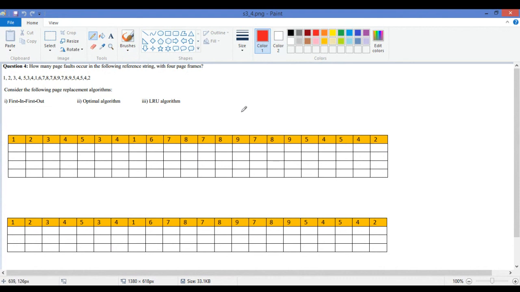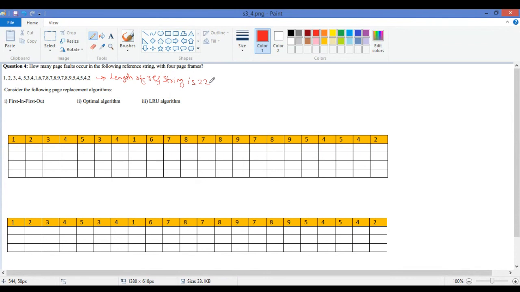So the length of the reference string is 22. Just note down a few important points: the length of the reference string is 22.